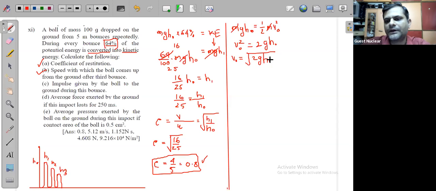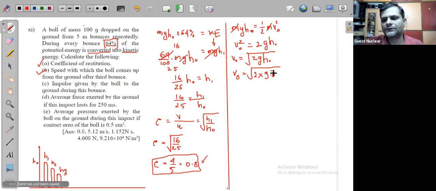And finally we get v naught to be simply equal to root of 2 into g, which we can take as 10, into h naught, which is already given to be 5. Okay, or we can take g as 9.8 into 5, so that v naught is root of 2 fives are 10, and 9.8 into 10 becomes 98 here.